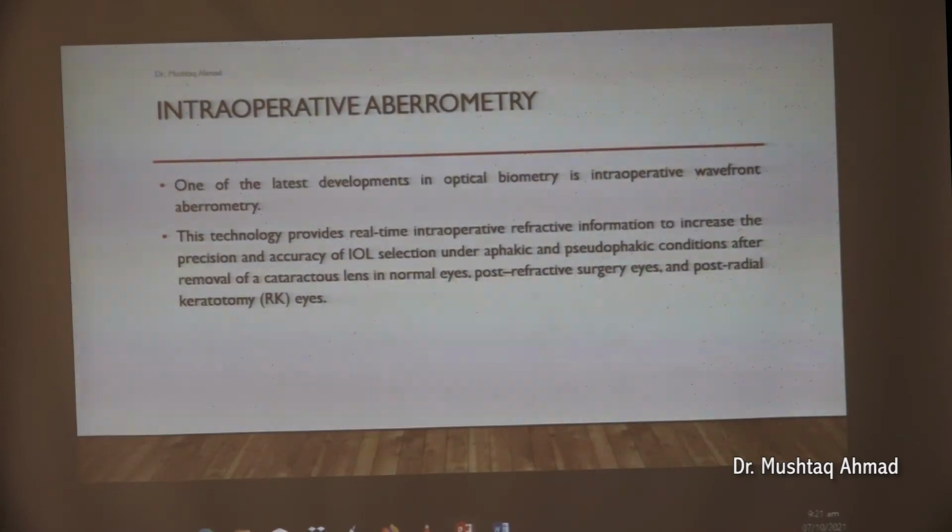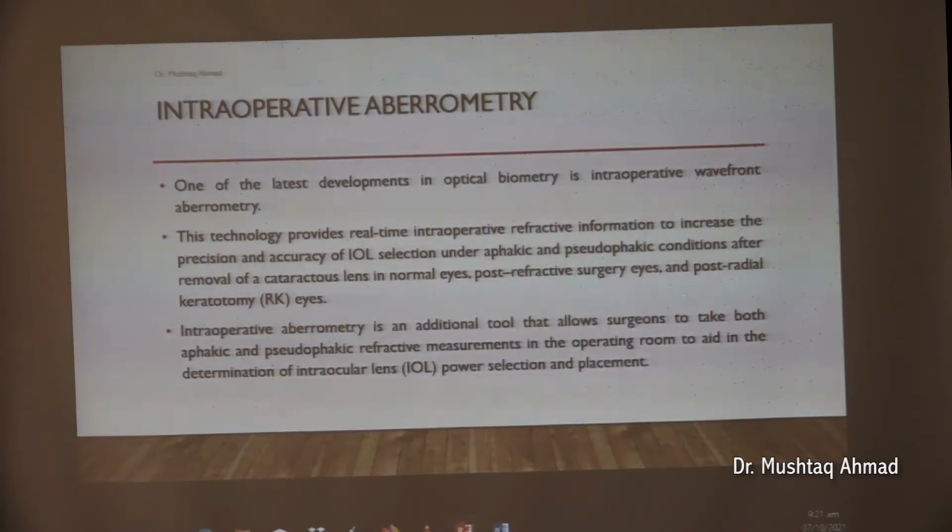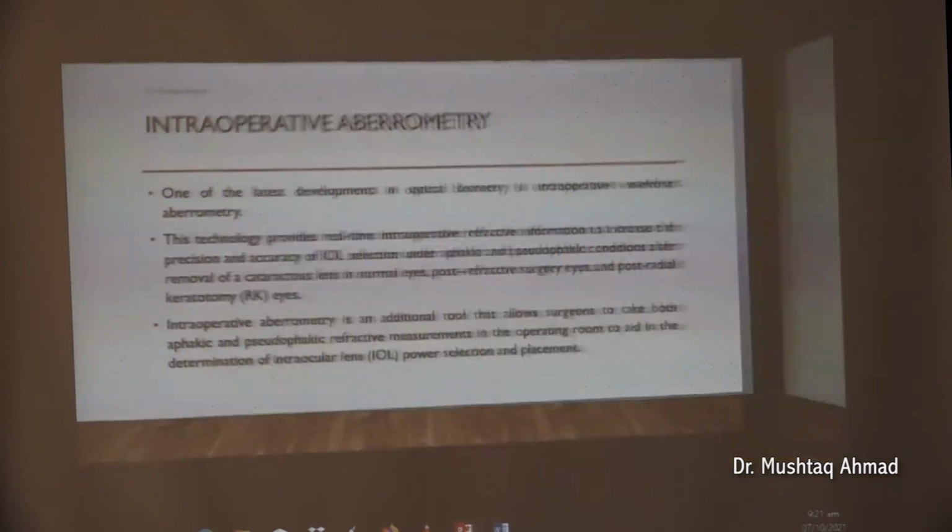This is, I think, the best innovation. Intraoperative aberrometry is an additional tool that allows the surgeon to take both phakic and pseudophakic refractive measurements in the operating room too, and in the determination of intraocular lens power selection and placement.